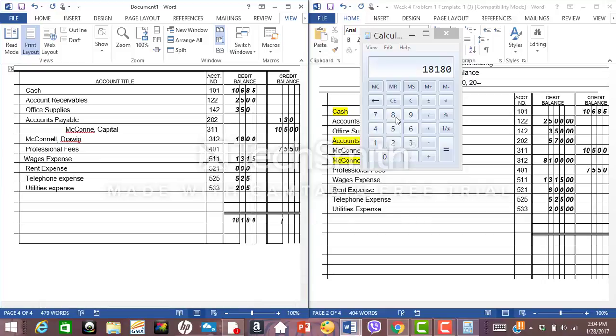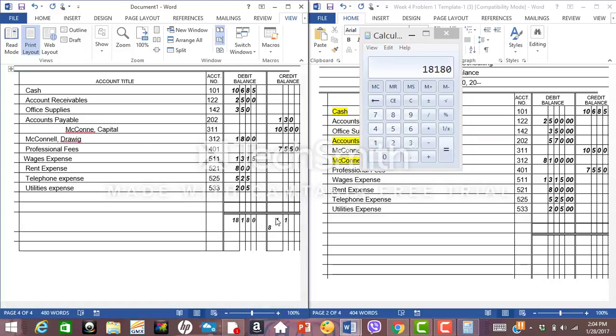And let's see if we get the same amount over here on the credit side. 10,500 plus 130 plus 7,550, 18,180. Okay.